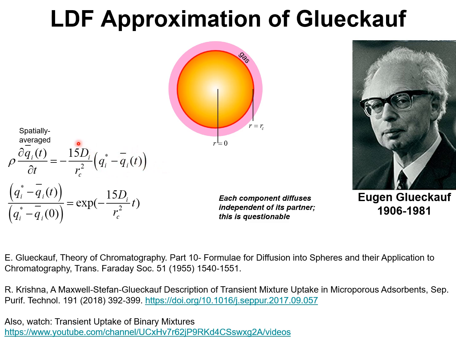The constant of proportionality is this term here, 15 times the Fick diffusivity of the component divided by the square of the radius of the crystal.